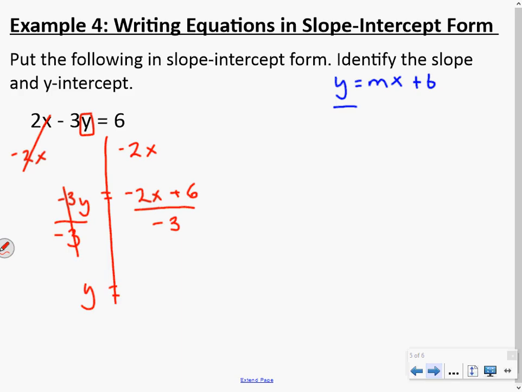If I divide negative 2x by negative 3, I get positive 2/3 x. And if I divide 6 by negative 3, I get negative 2. So now we can see that we're in slope-intercept form. I can see that this linear function has a slope of 2/3 and a y-intercept of negative 2.